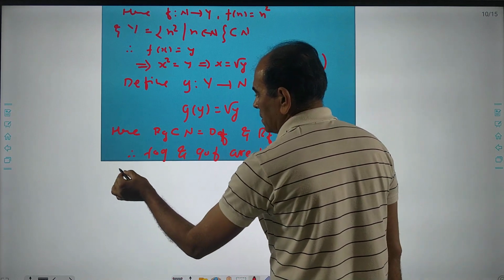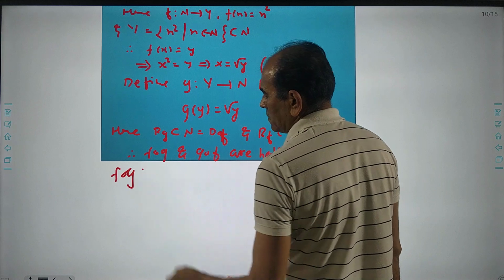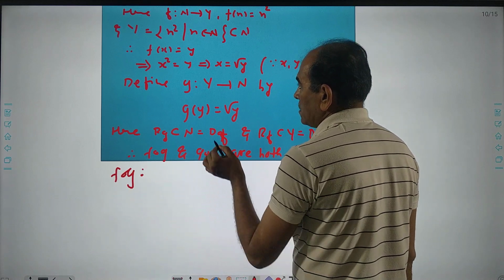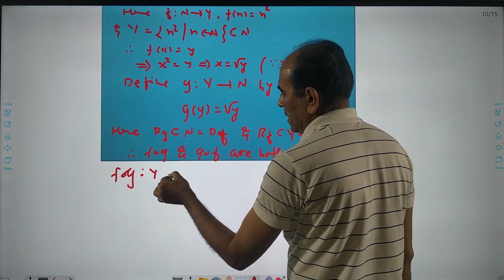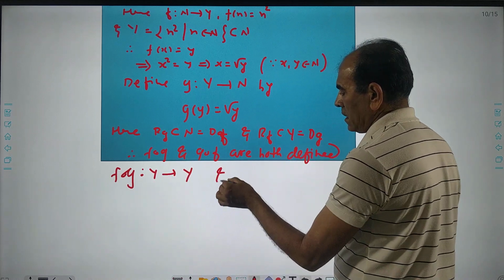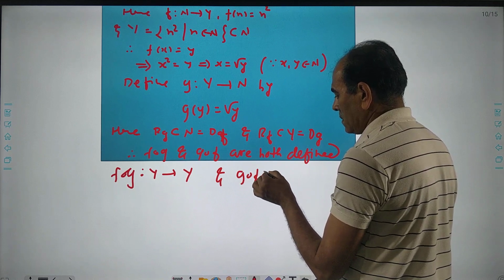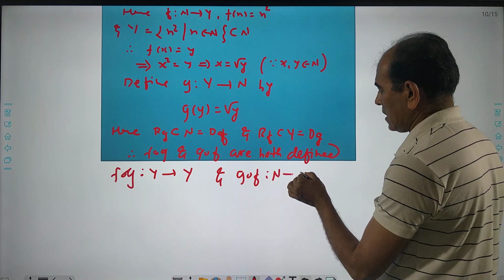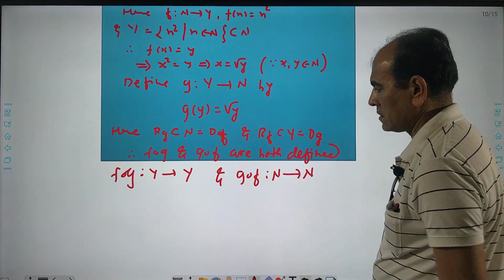And where to where? f∘g is from the domain of g, what is the domain of g? Y, to the co-domain of f, that is Y. And g∘f is from the domain of f, that is N to N.